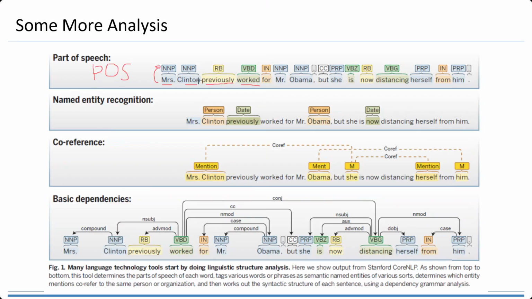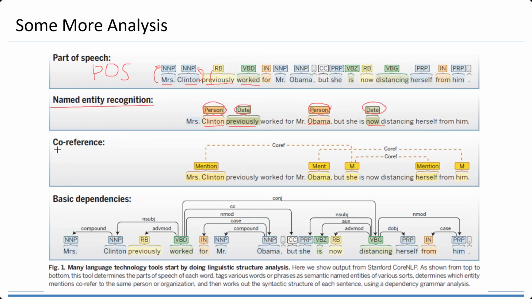This is noun, and so on. And there is another kind of analysis, we call it named entity recognition. So if we look at this word Clinton, okay, this is about a person. Previously, Johnny, then this is about the organization. Obama, okay, this is about a person. Now, okay, this is the organization.